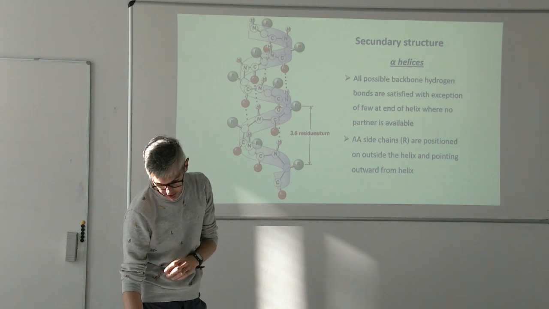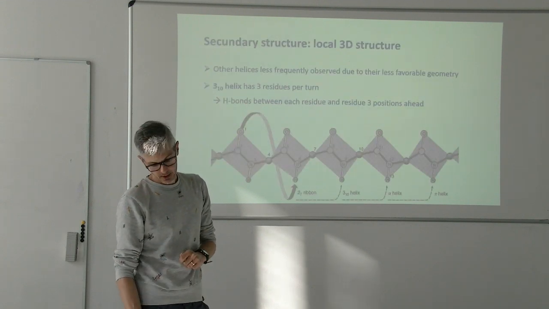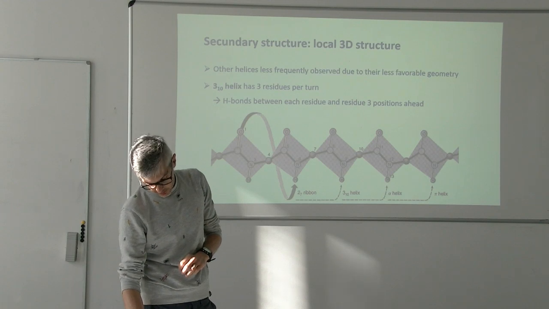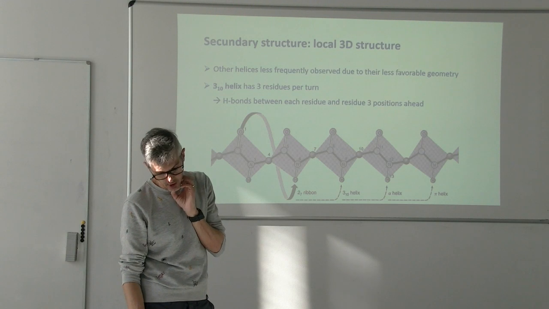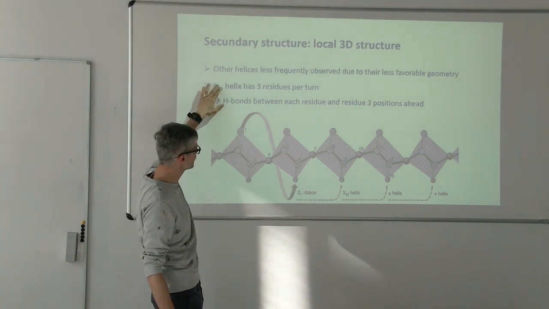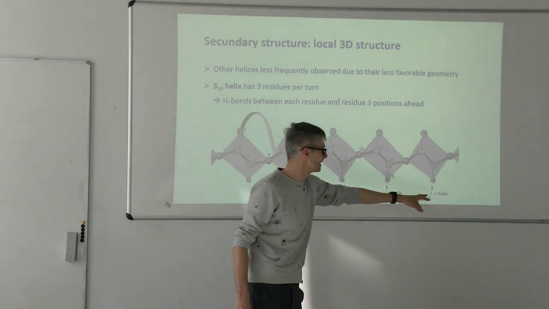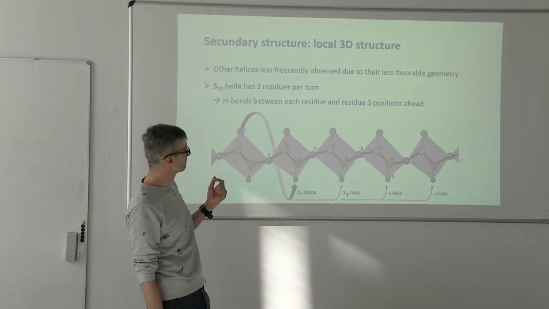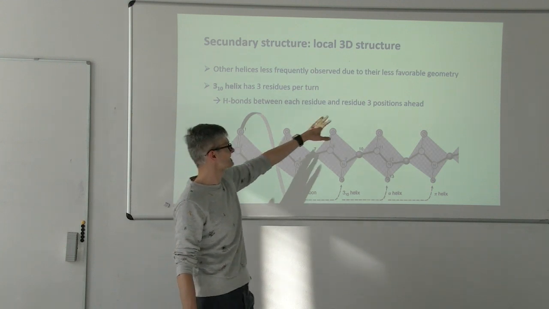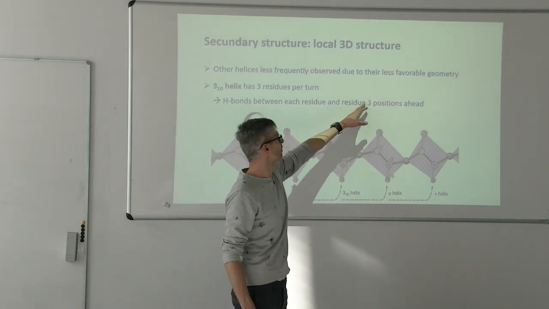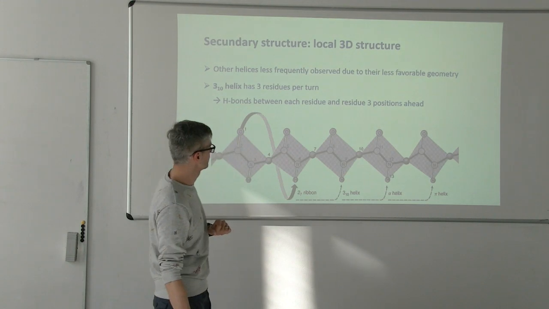And then you will see a number of features. There are other forms of helices, maybe this is less known. For example, you can have a 3-10 helix, and you also can have a pi helix, as you can see here. The difference is how the bonds are being formed. This is explained here, the bonding between the number of positions an amino acid is on.